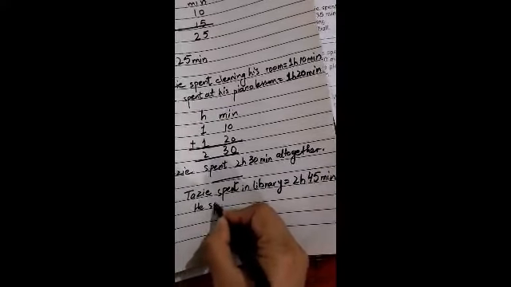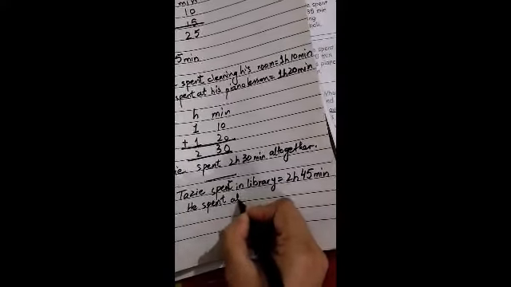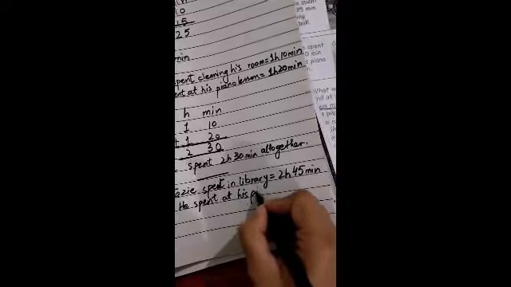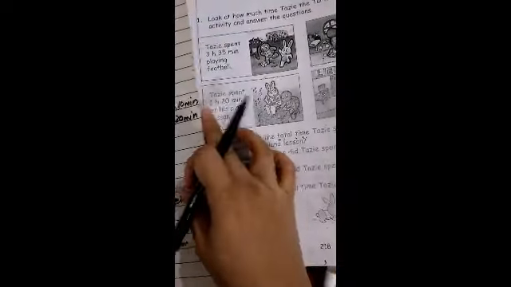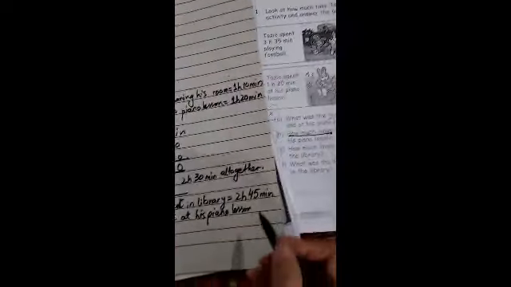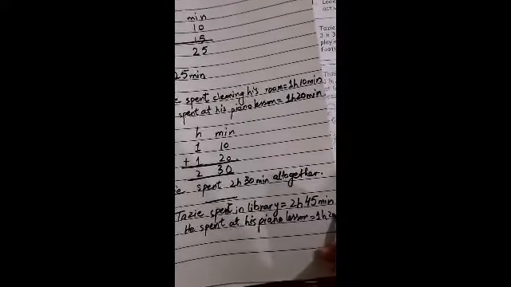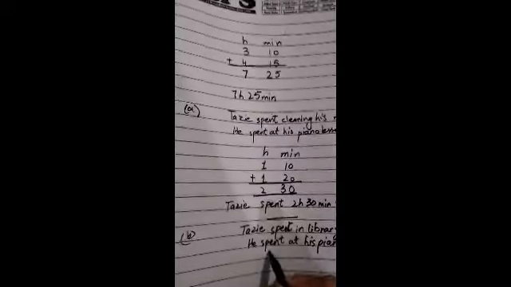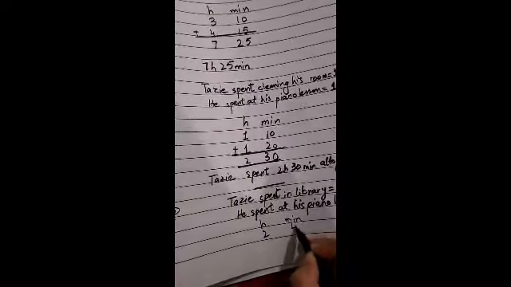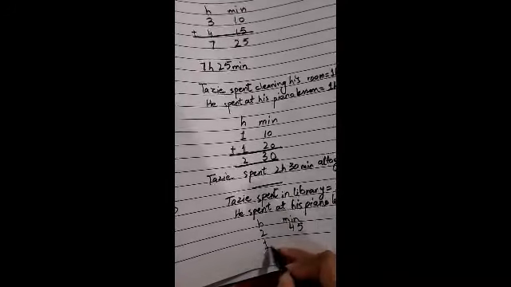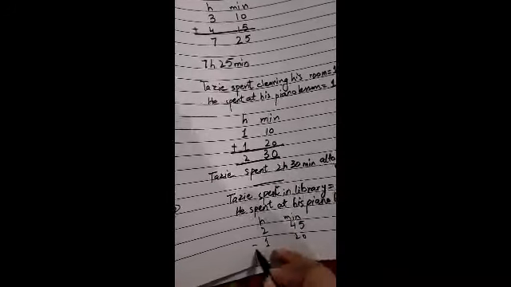And he spent at his piano lesson, the second activity, 1 hour and 20 minutes. You will write your statement like this: 1 hour and 20 minutes. Now you have to subtract both of these amounts. 2 hours and 45 minutes, 1 hour and 20 minutes.